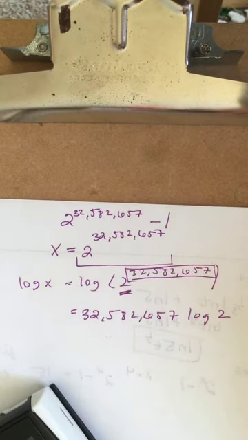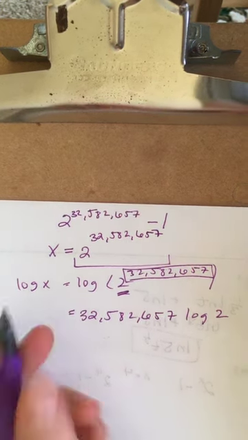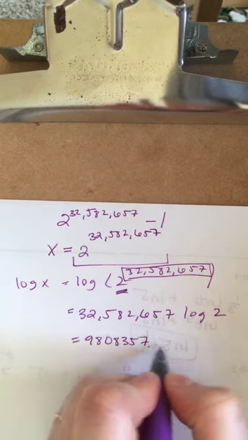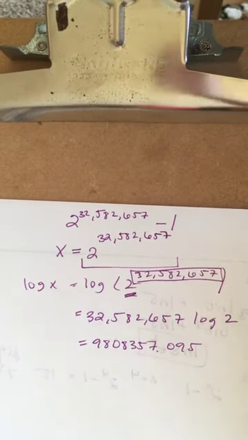So, in your calculator, type in this whole thing, 32,582,657 times log of 2. Woohoo! Okay, so this gets us 9808357.095. If it's an approximation, use your squiggles, but this one's exact.